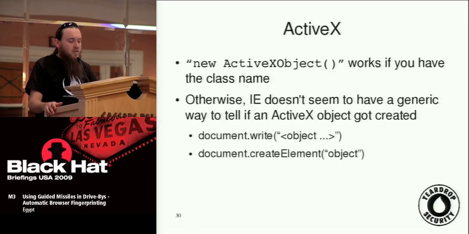When you use a document.createElement object, this is supposed to create an ActiveX object. The problem is that it creates a DOM object that happens to implement all of the functions that the ActiveX object creates. So it always returns something that evaluates to true, so there's no way to tell if it actually got created or if it's just some DOM object.